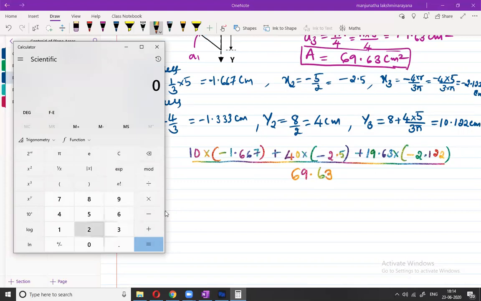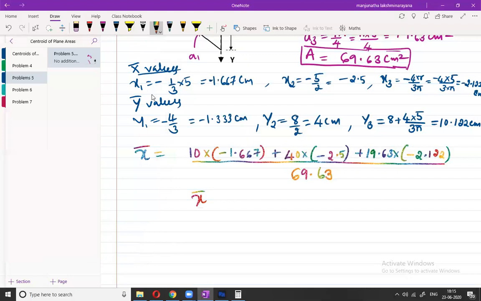Let us take the calculator and calculate the value. Now, everything is negative, so I'll take the negative sign outside, so we don't need to mess up with the negative sign. 10 into 1.667 plus 40 into 2.5 plus 19.63 into 2.122, that divided by 69.63, which is equal to 2.299, and that can be written as 2.3.